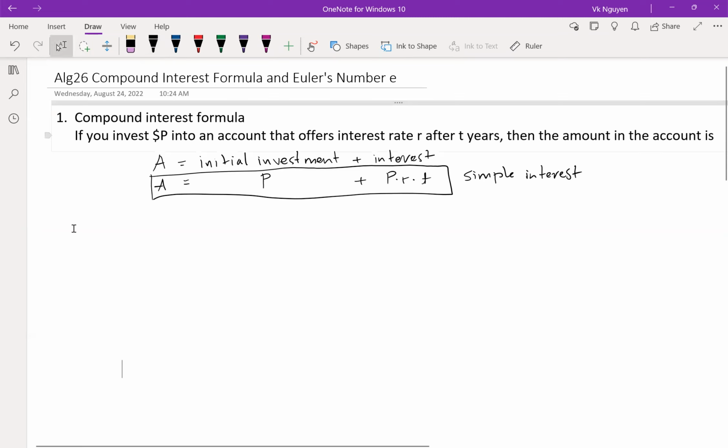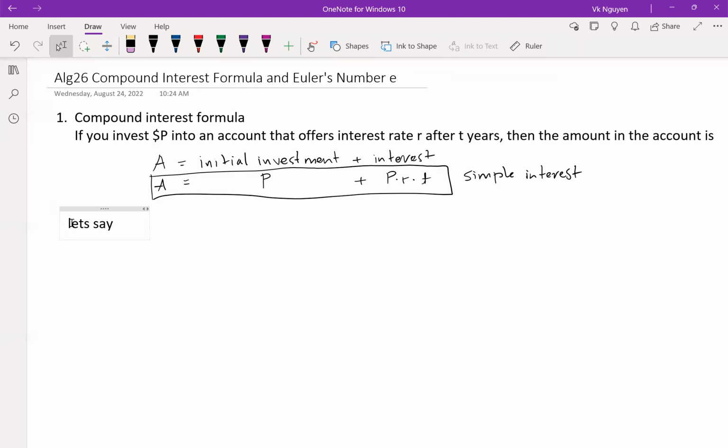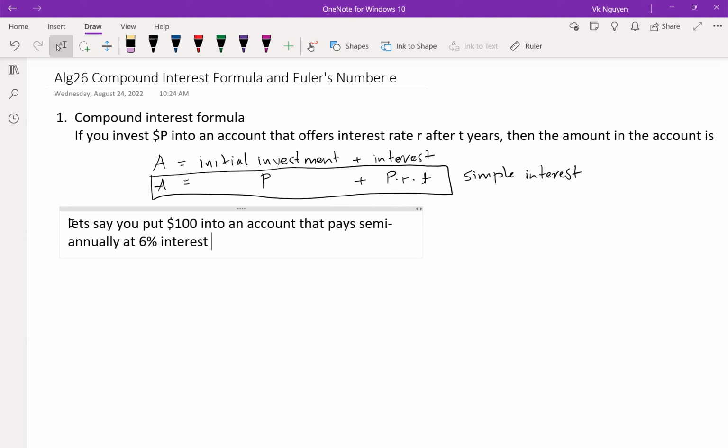Now, let's say you put $100 into an account that pays semi-annually at 6% interest per annum, or per year.